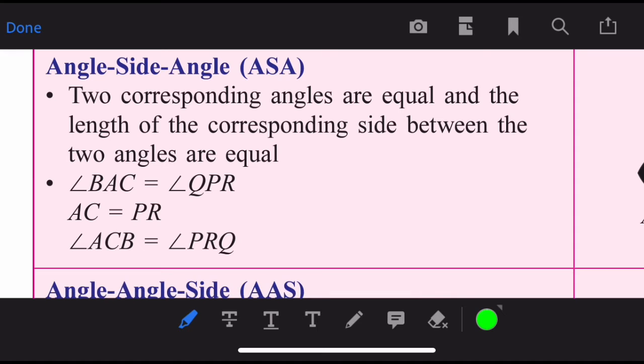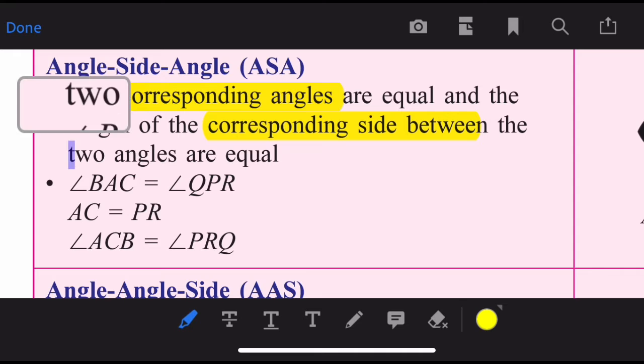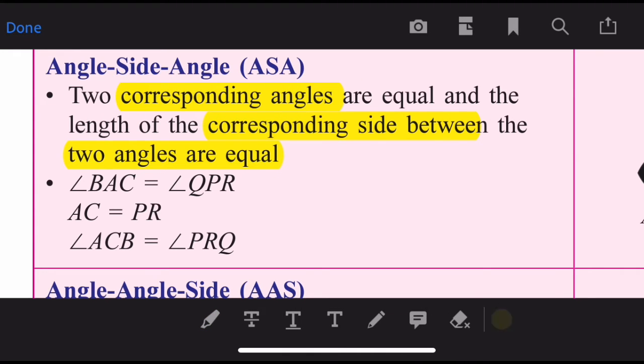And besides this, we also have ASA. Two corresponding angles are equal, and the length of the corresponding side between the two angles is equal.